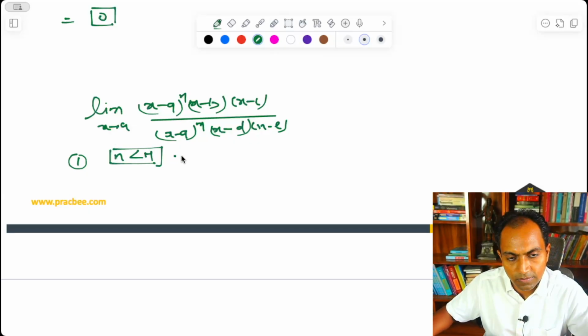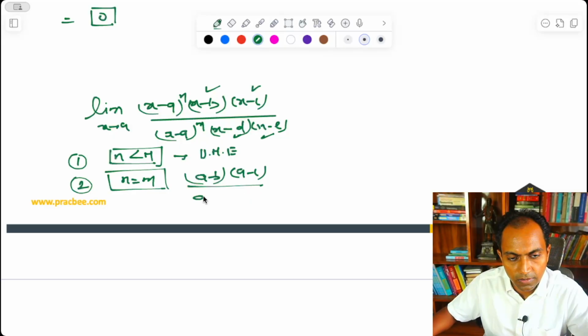In this case, most of the times limit does not exist. Second is, if n becomes equal to m. In this case, you will get answer because of these four remaining terms. So it becomes a minus b into a minus c by a minus d into a minus c. And in the third part, the value of n would be greater than m. In this case, the answer will come out.